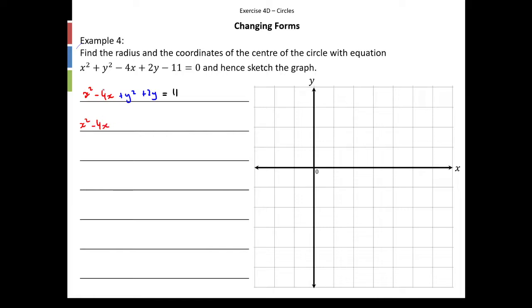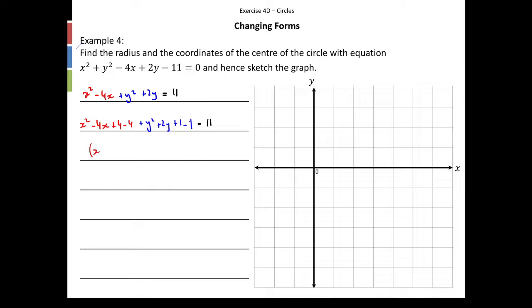Now halve 4, which is 2, then square it is 4, so I go plus 4 minus 4. Do the same for the y, plus 2y. Okay, halve our magic number, the 2, so halve the 2 is 1, then square, so 1 squared is 1, so plus 1 minus 1 equals 11.